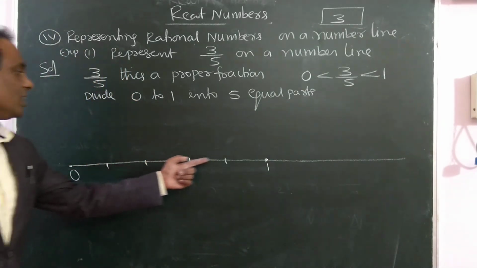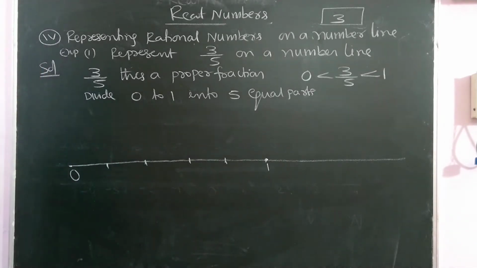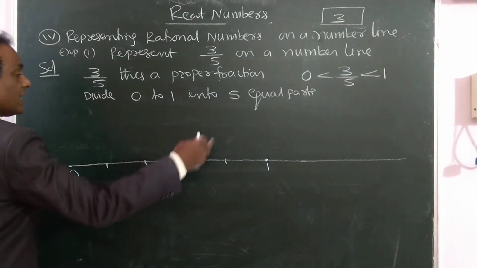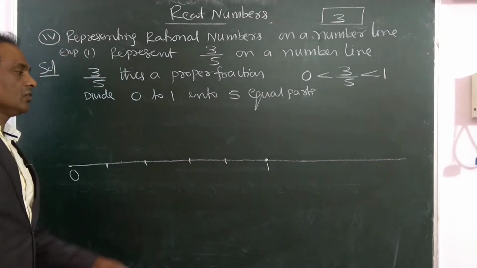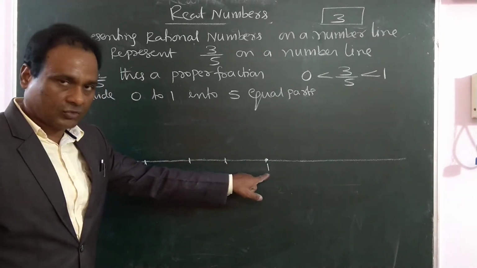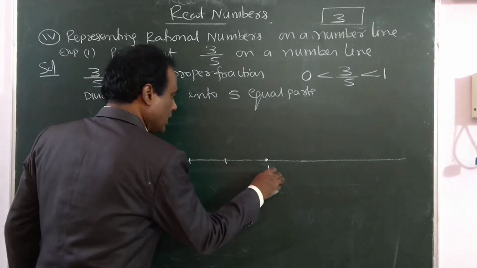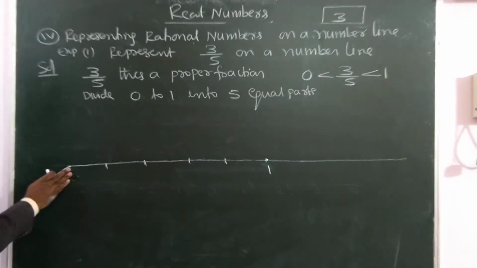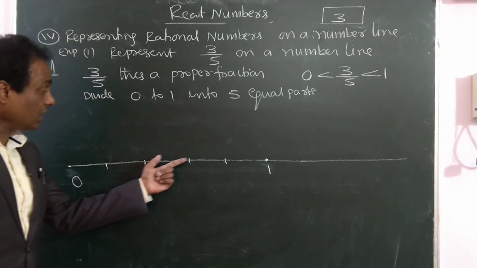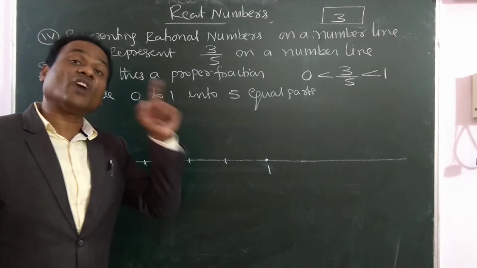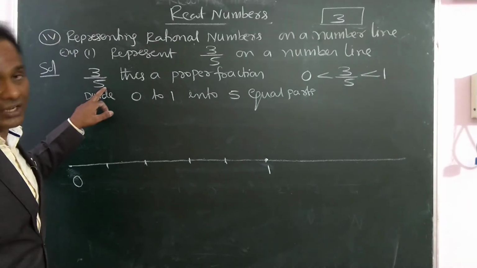So the fifth will be this one. Don't write one more here, because that would become the sixth part. So see here, 1, 2, 3, 4, 5 parts. Why 5 parts? As per the denominator.